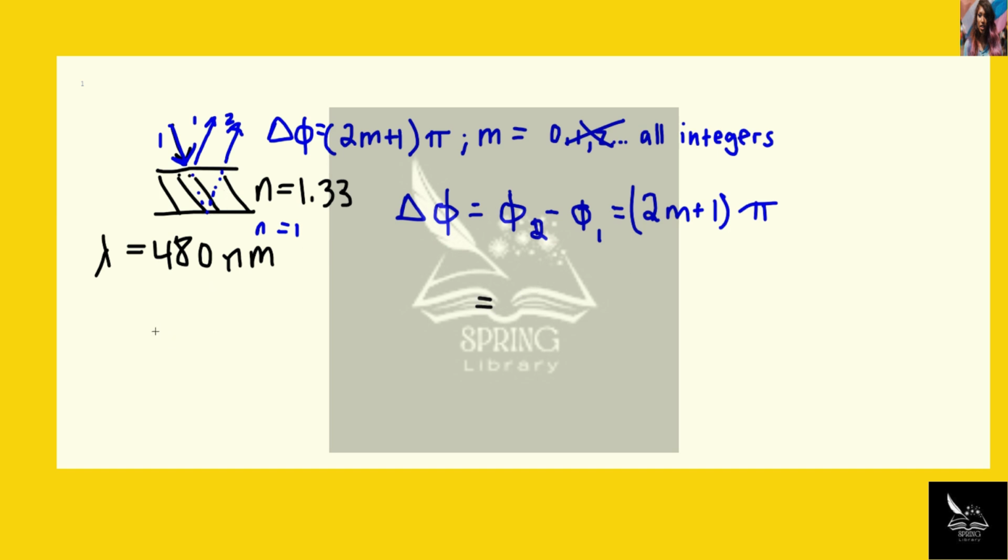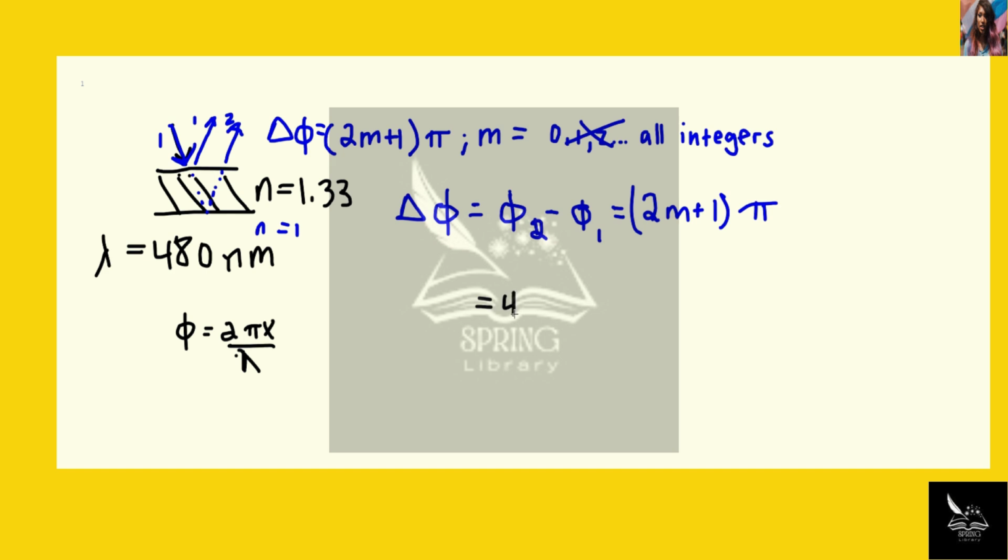And so in general, the phase that this is going to accrue, for a sinusoidal wave, is 2 pi x over lambda. And x is going to go through the thin film twice, so that's going to be 2t.